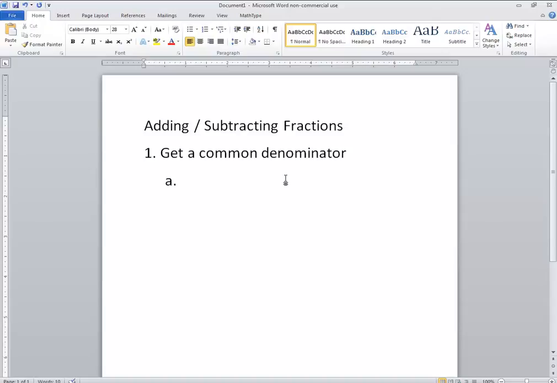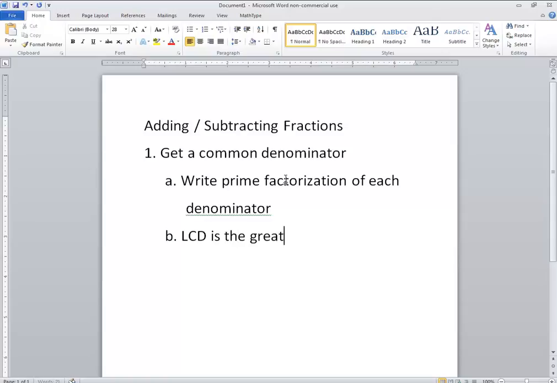Our first one is to write the prime factorization of each denominator. And then our LCD, least common denominator, is the greatest number of each prime on a single line. And we'll see what I mean by that.